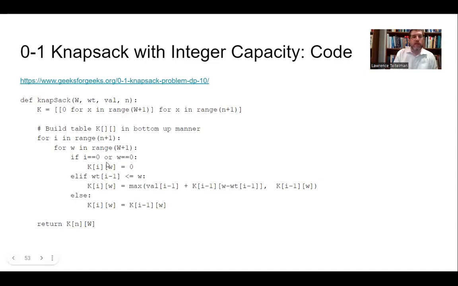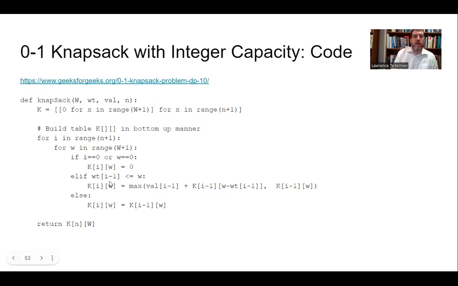And let's look at the guts of the code. If I can't have any items, or the capacity of the knapsack is 0, then obviously the best I can do is 0 because I have no items or I have no place to put them.